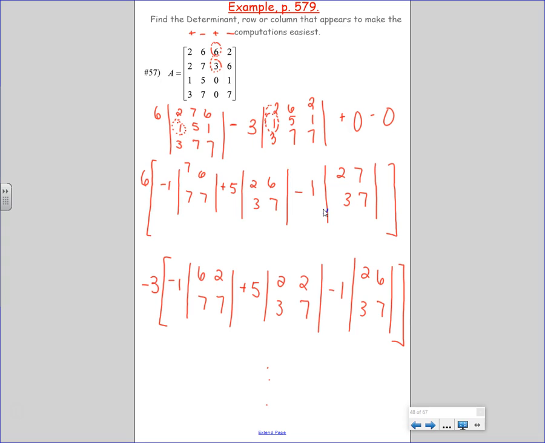Multiply by their little entries in front, and then multiply by 6 and negative 3, and then one big ol' addition. Only reason it's addition is because it was subtraction, adding a negative. It just kind of ties the two together. I don't want minus a negative. That would be totally wrong.